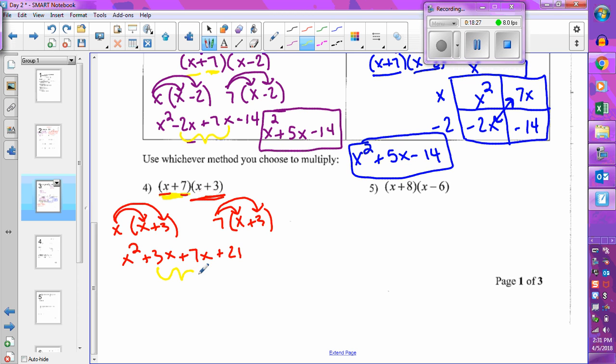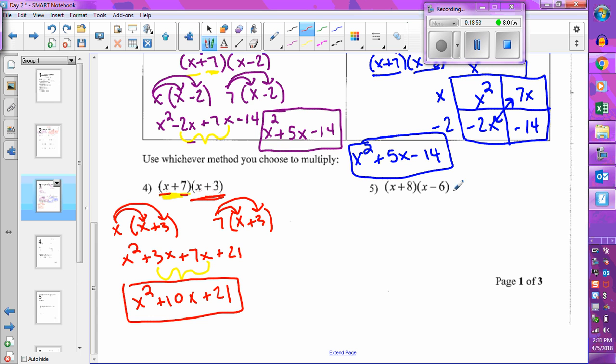And lo and behold, we do. We have a positive 3x and a positive 7x, which we can combine together. So we're going to rewrite this for the final answer in expanded form. So 7x plus 3x is going to give me a positive 10x plus 21. And that is our answer.